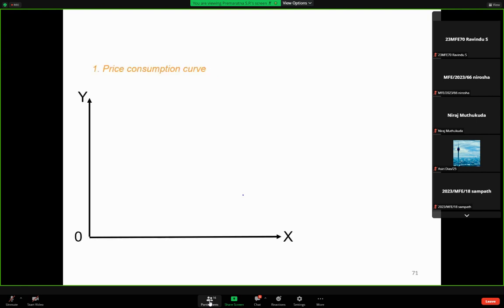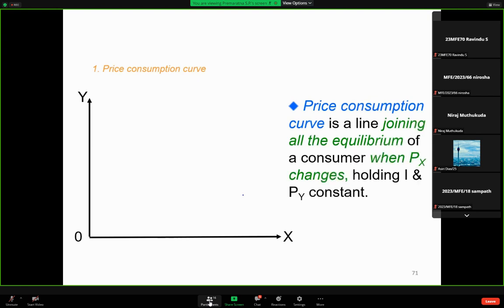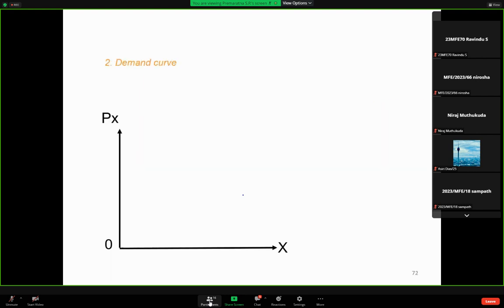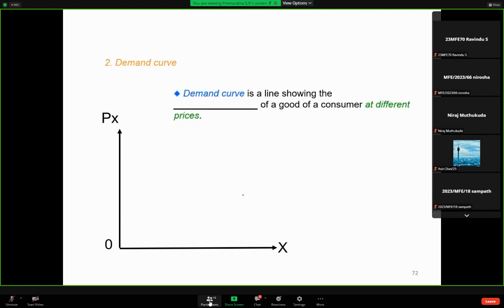How we do it graphically: the price changes, for example for X, and the consumer's equilibrium sets at different points. Connecting those equilibrium points, we get the price consumption curve. From the price consumption curve, we derive the demand curve.